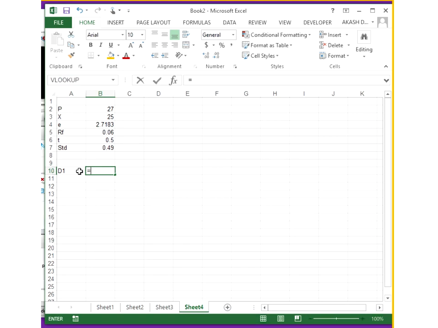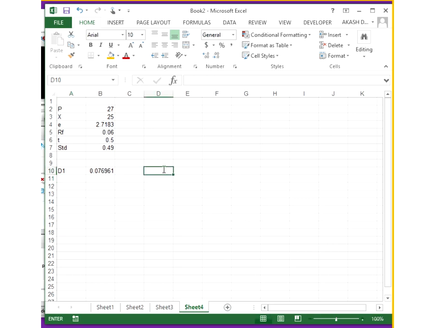D1 starts with ln, which returns the natural logarithm of a number, and that is going to be price divided by X, 27 divided by X. So that's the number here. And then the next part is plus RF plus sigma squared divided by 2, and all of that is multiplied with, I'm sorry, time.